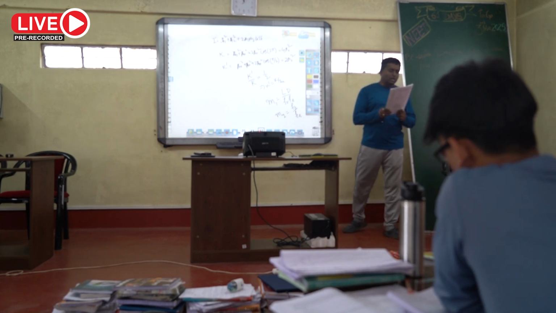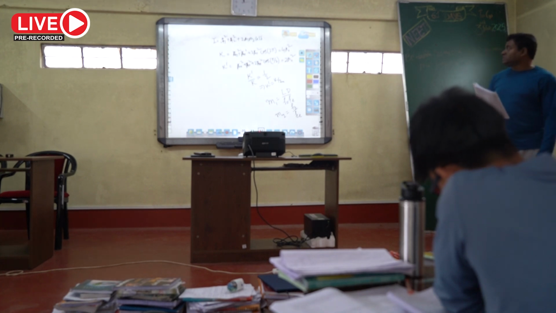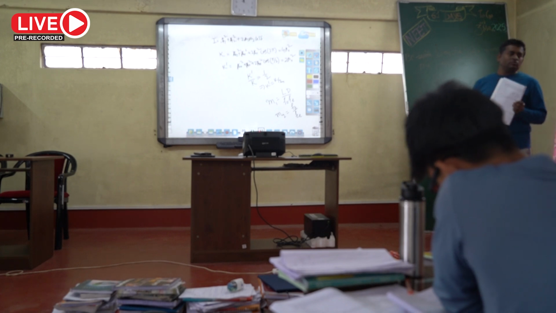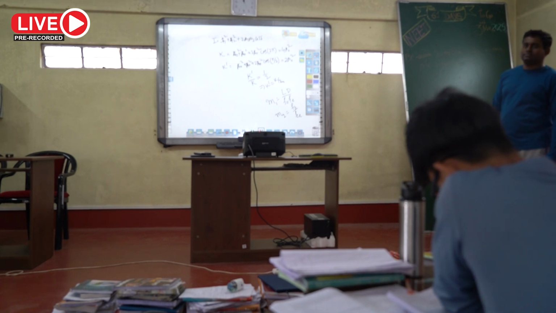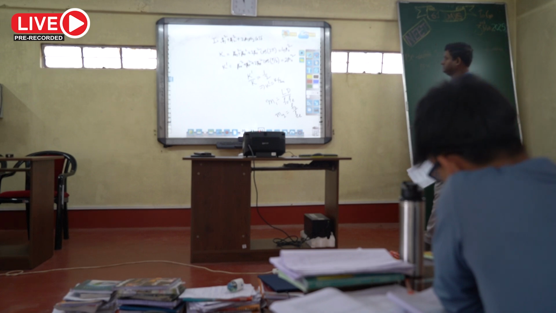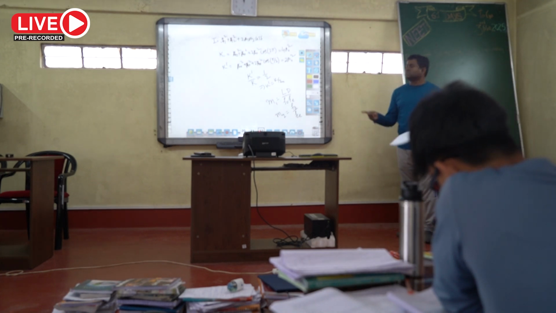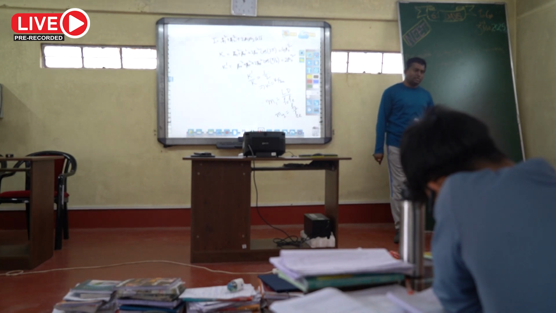Okay, so the focal length of the objective lens is increased. In the first case, if Fo is increased, then M1 will decrease. And in the second case, M2 will increase. So option 4 is correct. In the first case, it is inversely proportional. In the second case, it is directly proportional.